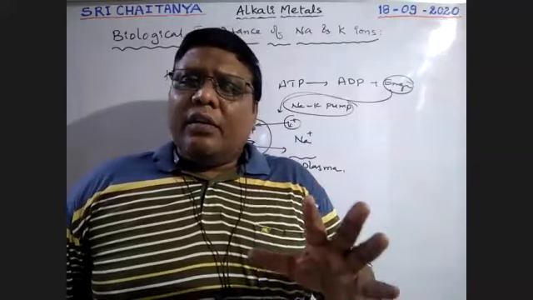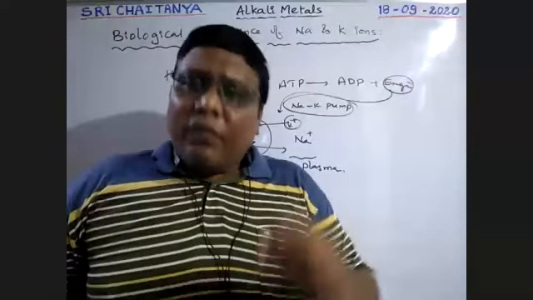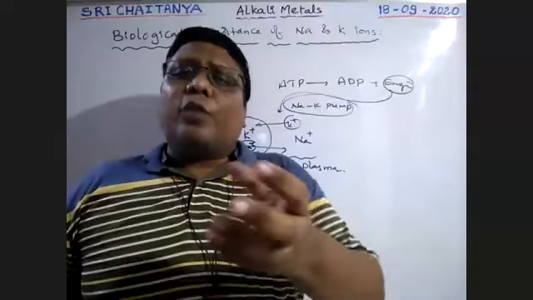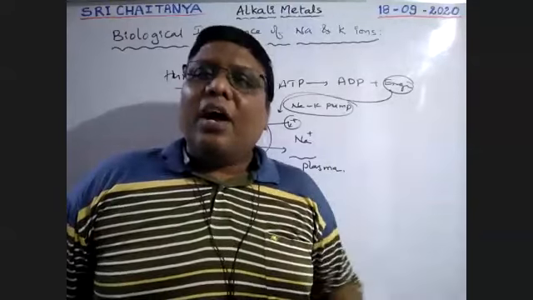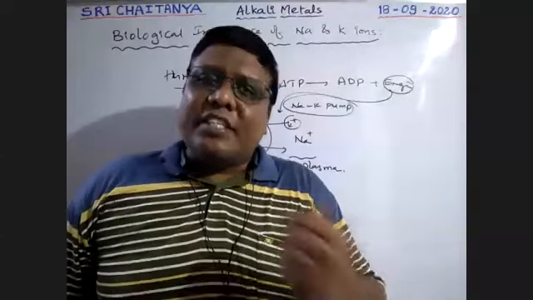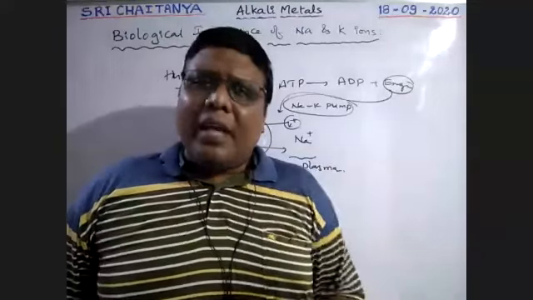Boys, a human being must have potassium ions and sodium ions. For example, if more sodium ions than required are present outside, hypertension is automatically developed. Hypertension is nothing but high BP.